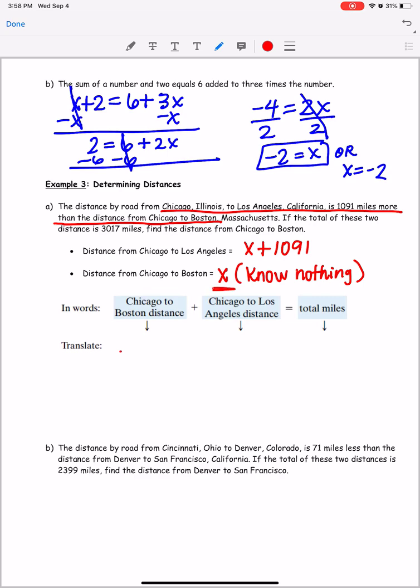So if this is 10, then this is 10 plus this. If this is 10,000, then this is 10,000 plus this. It doesn't say that this distance is this many miles, so it's not just 1,091. It's whatever this is plus that many more miles.